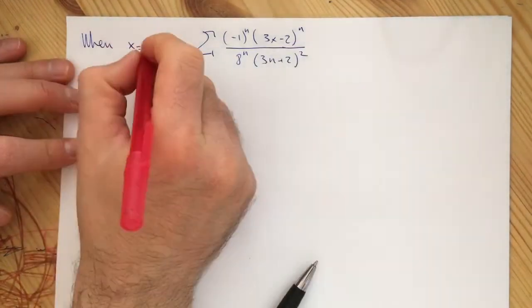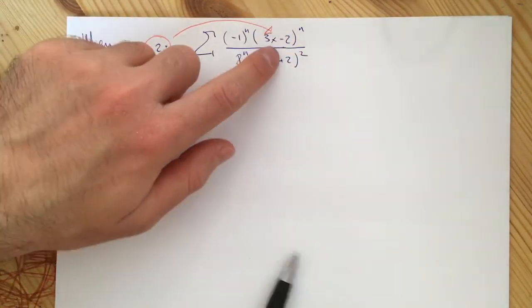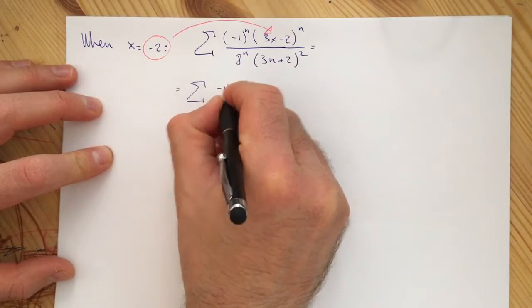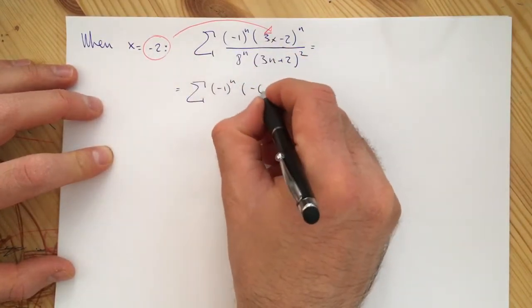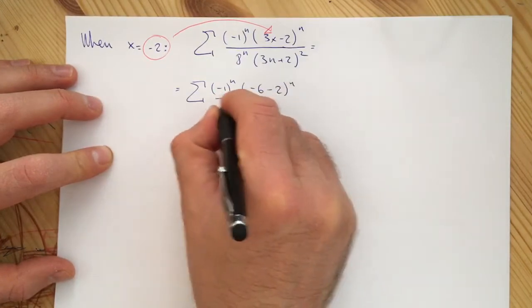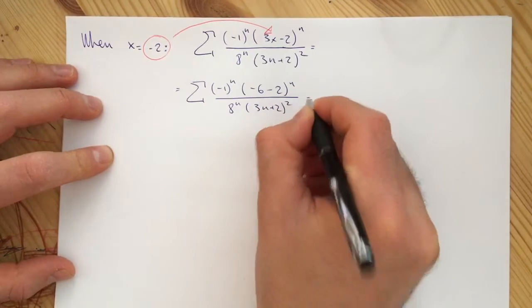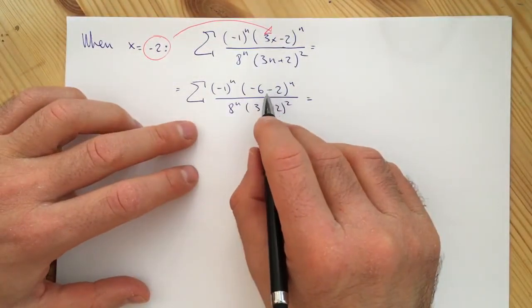Here I just plug in x equal to negative 2, and I get negative 1 to the power of n times (negative 2 times 3 is negative 6, minus 2) to the power of n, over 8 to the power of n, times (3n plus 2) squared. Here I'm going to go a little bit slower.